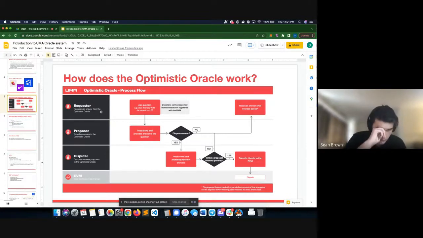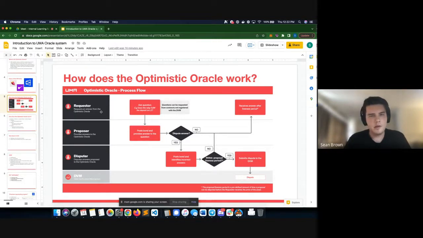So once a proposer answers the question, there's something that happens that we call a liveness period. A liveness period is basically just a delay between an answer being proposed and an answer being accepted as truth. And this is really why we call our oracle an optimistic oracle. Similar concepts are used by other things in the blockchain ecosystem that are also named optimistic, like optimistic rollups.